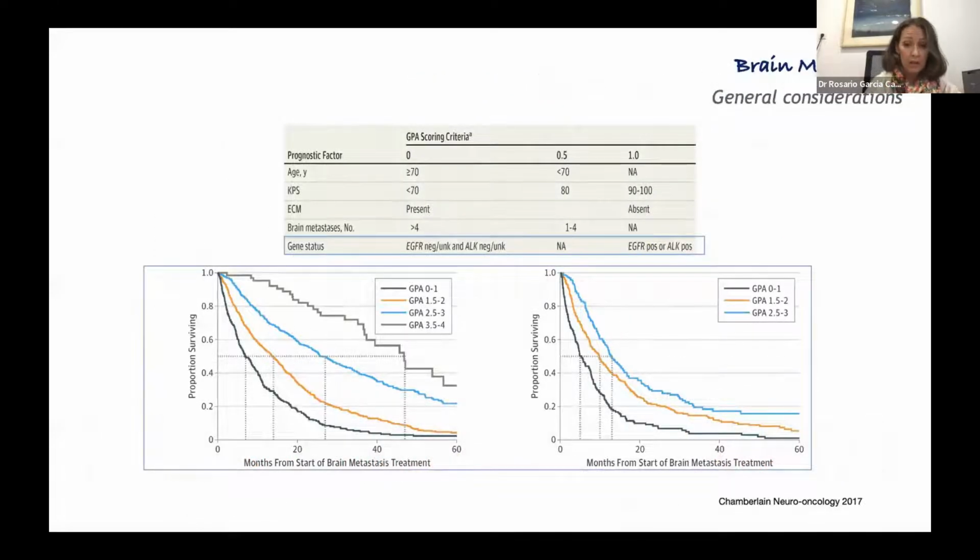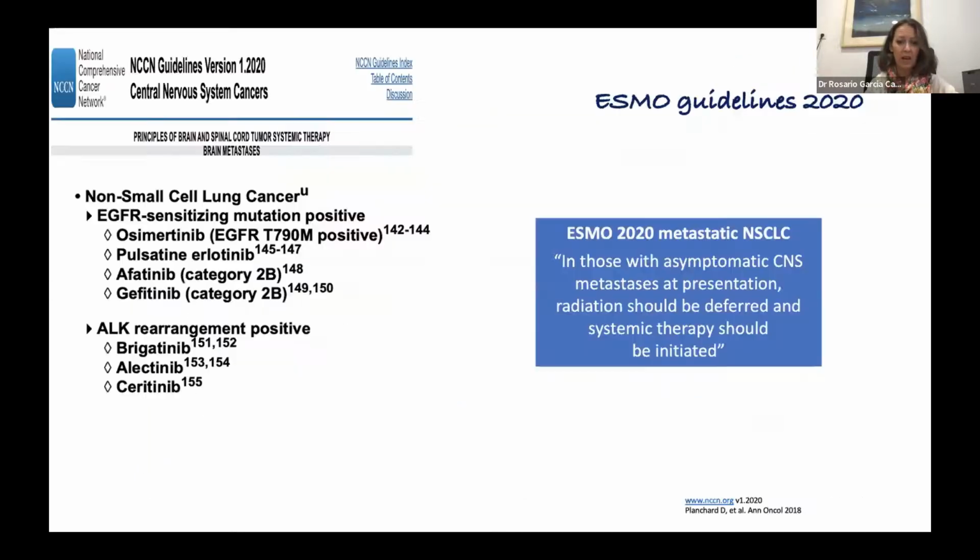The good news is that when we try to incorporate this genetic assessment in the GPA scoring criteria, those patients with EGFR or ALK translocations do better when we incorporate this scoring system. And again, I think that the main reason is that we have potent agents that can be very active at the brain level.